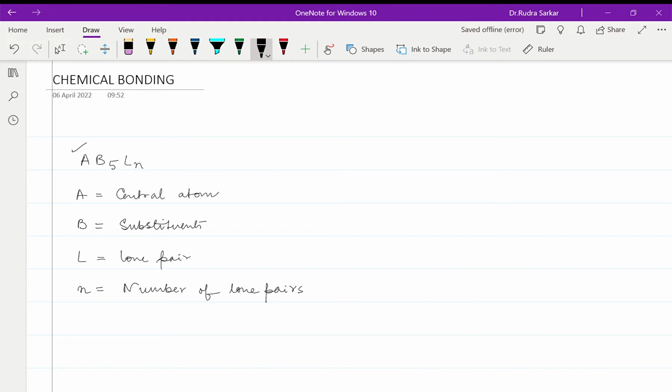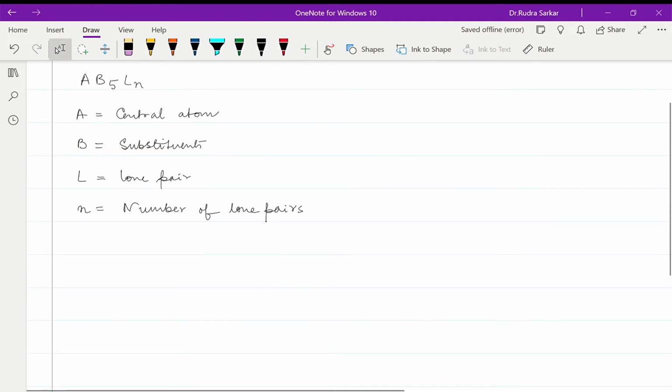Now suppose we are saying in a particular case, the lone pairs is 0. So in that case, the molecule will be basically AB5.